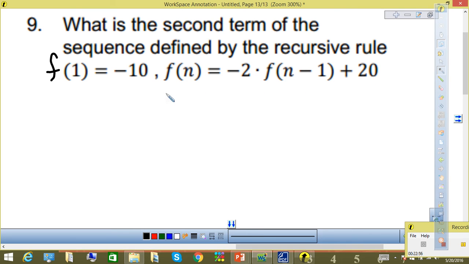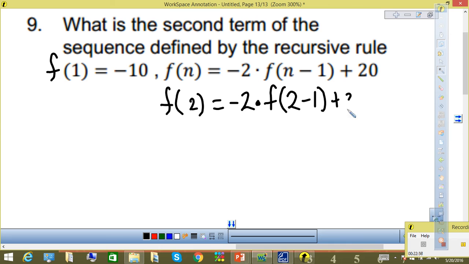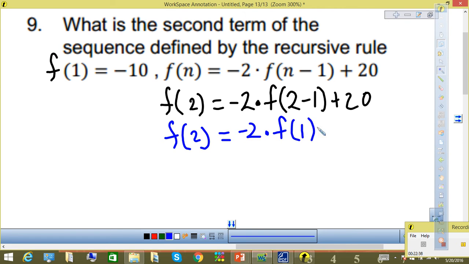So here we go, f of 2 equals negative 2 times f of 2 minus 1 plus 20. So this is f of 2 equals negative 2 times f of 1 plus 20. And we know what f of 1 is, right?